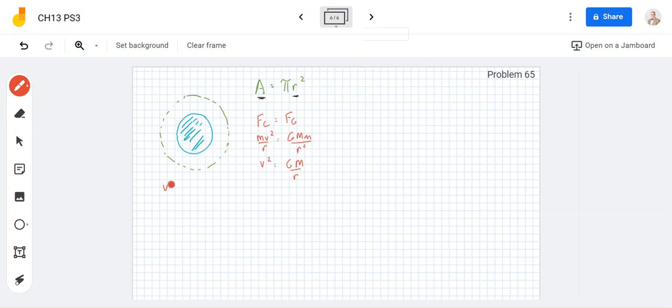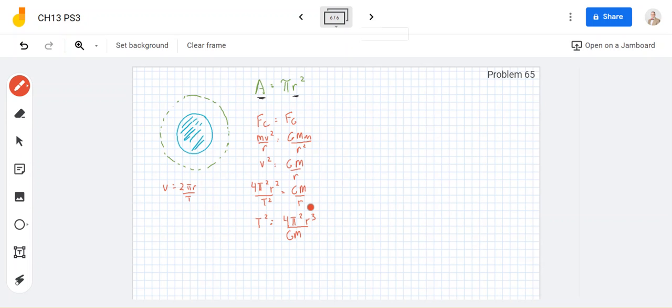But v, remember, v is equal to 2 pi r over T. Therefore, if I plug this in here, I end up with 4 pi squared r squared over T squared is equal to G M over r. I'm going to have to flip this around, but you can handle it here. I end up with T squared is equal to 4 pi squared r cubed all over G M.